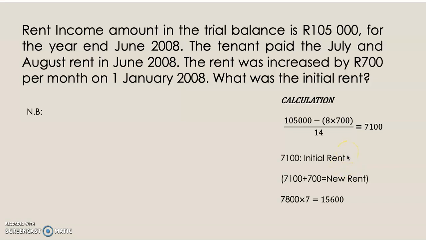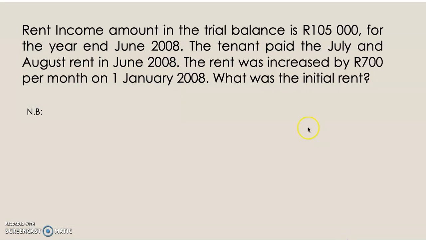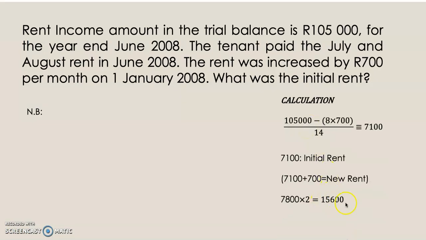After the increase, the amount was 7,800. If you multiply 7,800 by, oh, not by 7, it should be by 2, because remember that this is the amount that the tenant paid you before they had to.